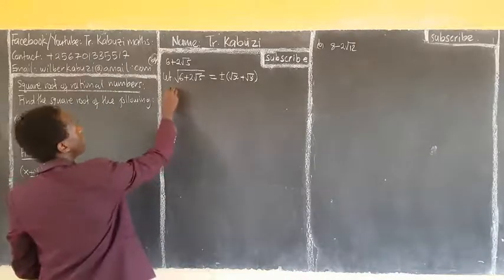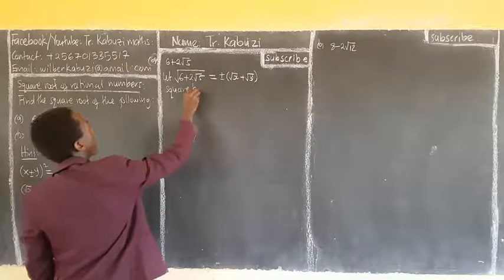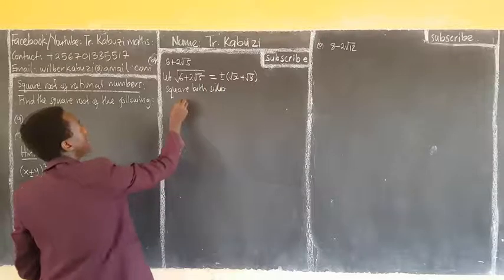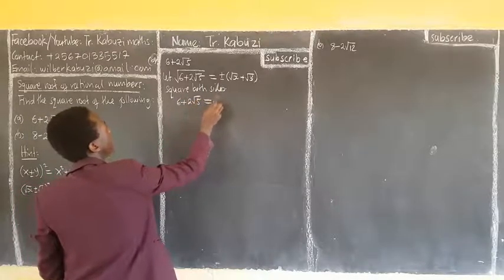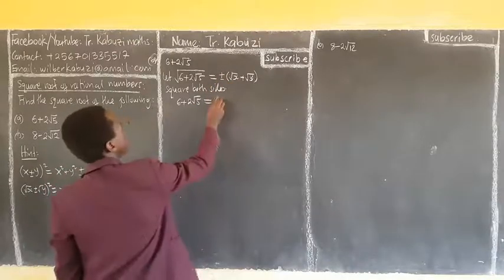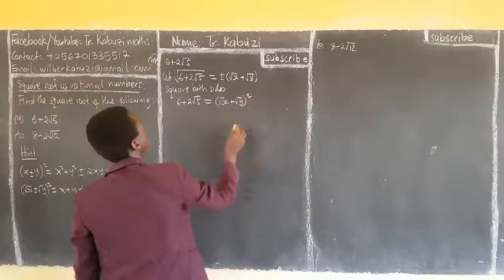So, to remove this square root, we square both sides. When I square this side, I have now 6 plus 2 root 5 equaling... When I square positive, I get a positive. When I square negative, I get a positive. Root x plus root y, the whole square.